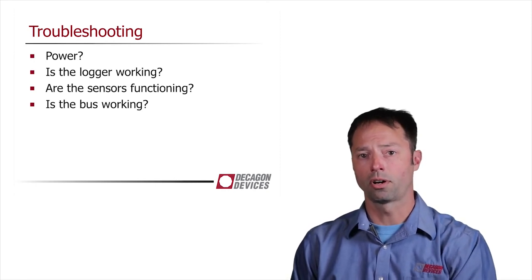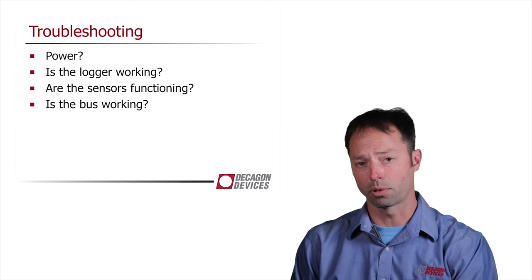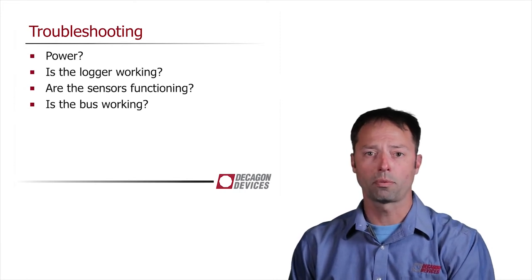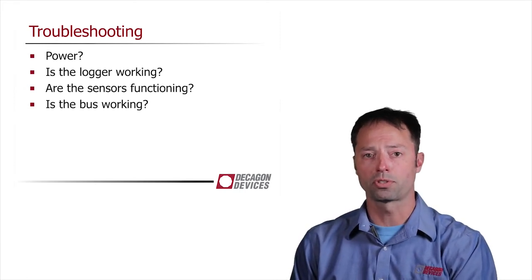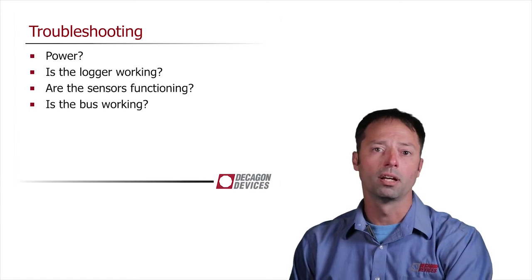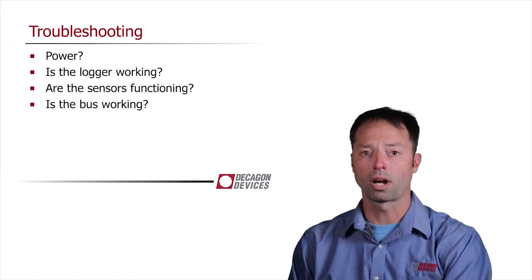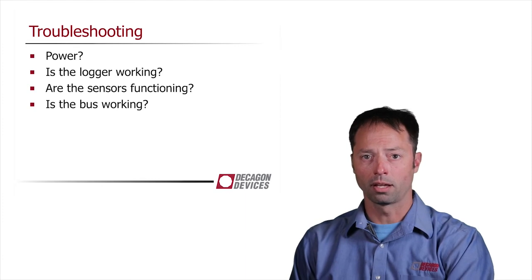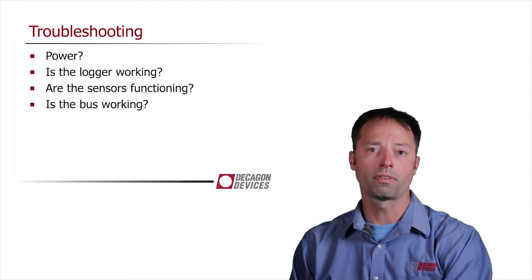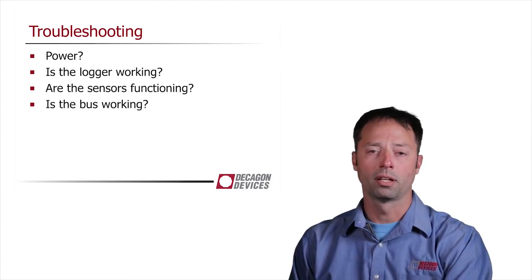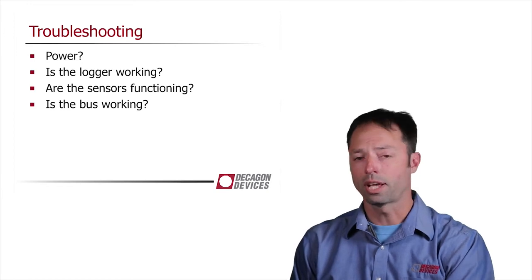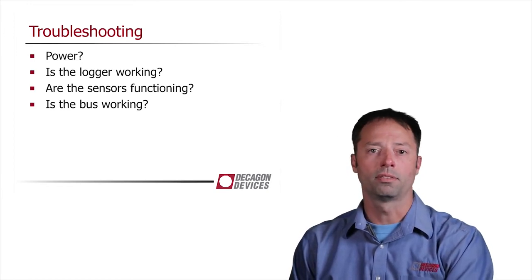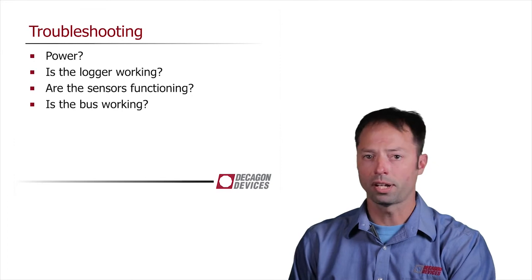And then the sensors are a good place to start, particularly if you have a ProCheck. Determining whether or not the sensors are doing what they're supposed to be doing is going to be key in isolating problems quickly. And then the third thing, if the logger is working fine and your sensors are working fine, is the bus working? Do you have a short there? Is there a loose connection somewhere?